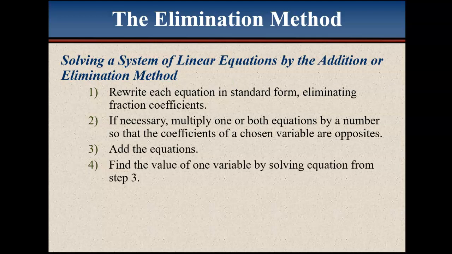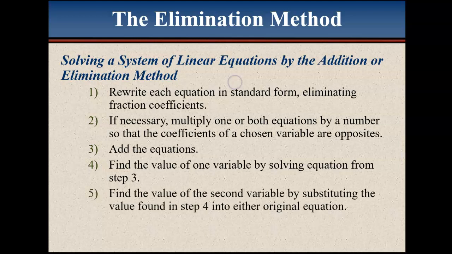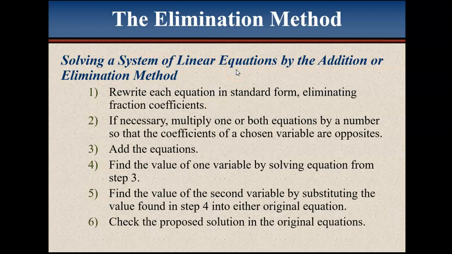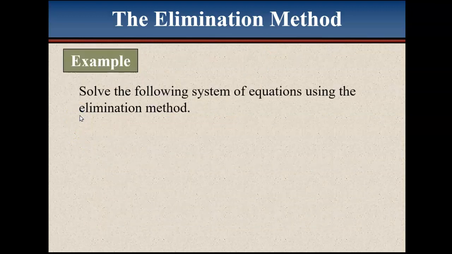And then we're going to solve that new equation for the variable that's left. And once we find the value of that variable, we're going to substitute it back in and find the other variable, the x or the y, and then we're going to check it by putting both values into the original equations and see if they work.